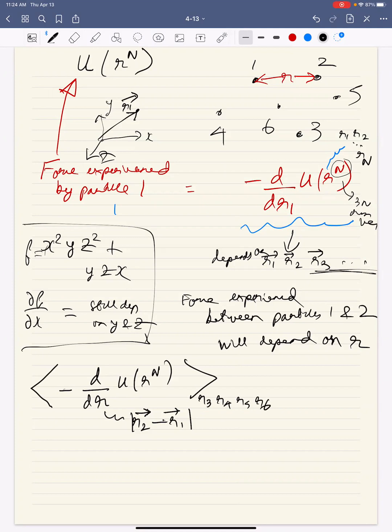This is now the force between, so we are going to take a thermodynamic average over all other particles. So Kinjal and I are interested in figuring out the force between Kinjal and me, but this will depend on what everyone else is doing.